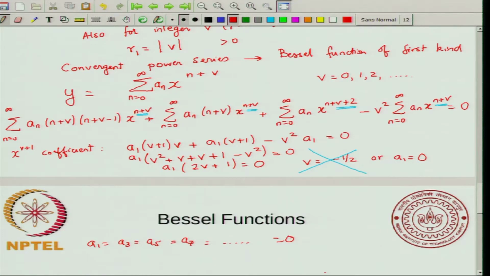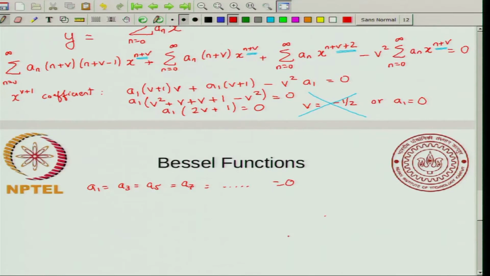That is a condition. If each of these is 0, then you only have the even terms to worry about. We already saw the case that we are insisting that a_0 is not equal to 0; we got the indicial equation. So now you have a_0, a_2, etc., not equal to 0.